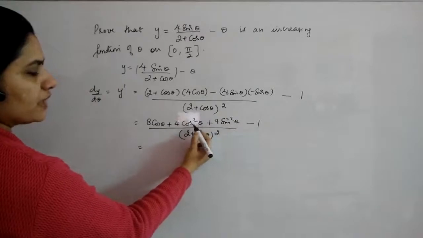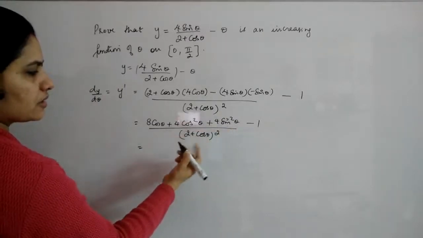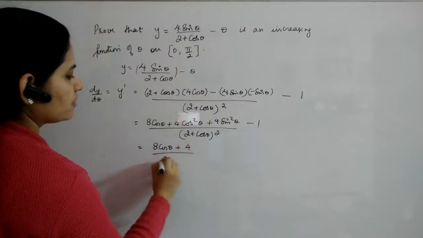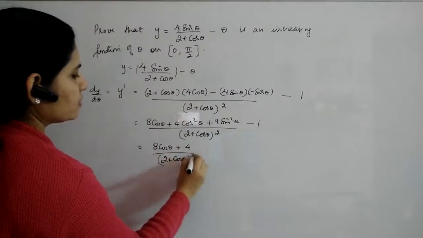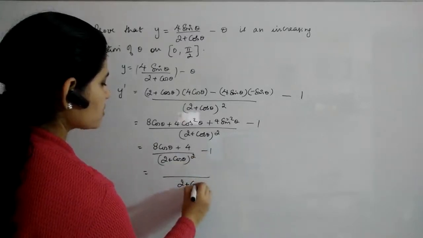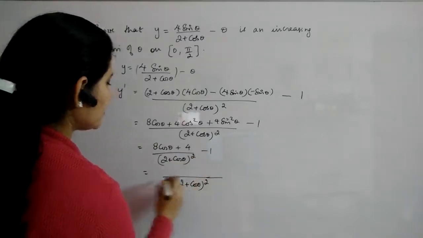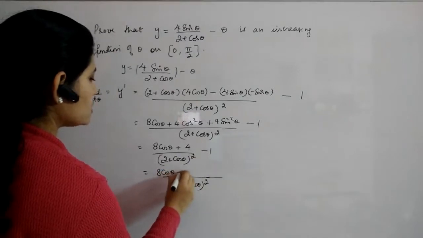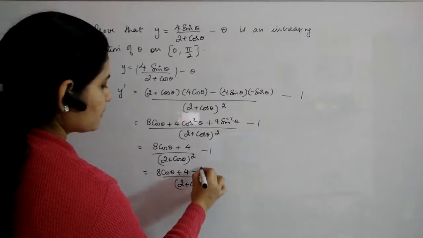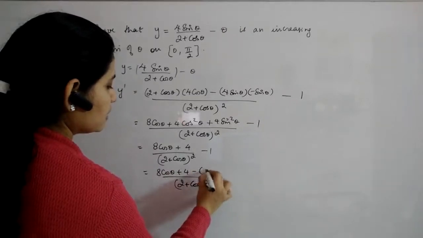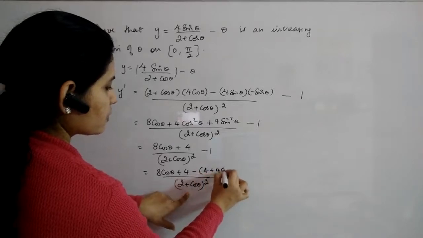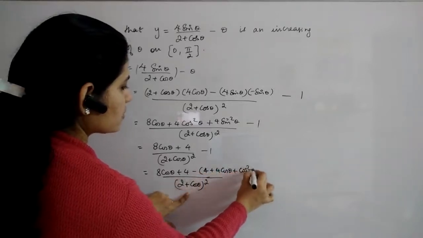Again these give 4 into cos square theta plus sin square theta, which is 1. So 8 cos theta plus 4 divided by 2 plus cos theta the whole square minus 1. Simplifying, taking the LCM, you get 8 cos theta plus 4 minus 2 plus cos theta the whole square. In brackets, the whole square gives 4 plus 4 cos theta plus cos square theta.